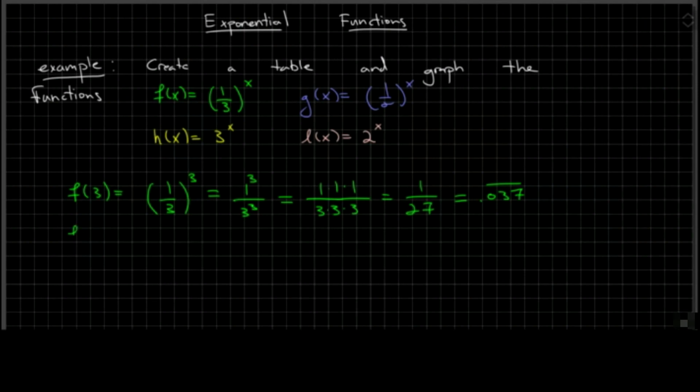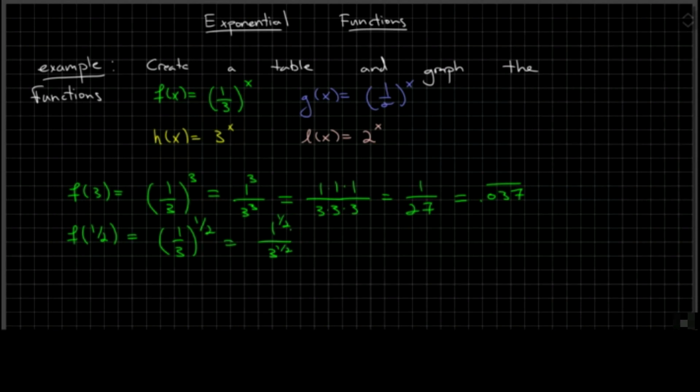So for example, if you wanted to do f of 1/2, then f of 1/2 is equal to 1/3 to the 1/2 power. First I guess we can apply the rules of exponents. So this is 1 to the 1/2 over 3 to the 1/2.